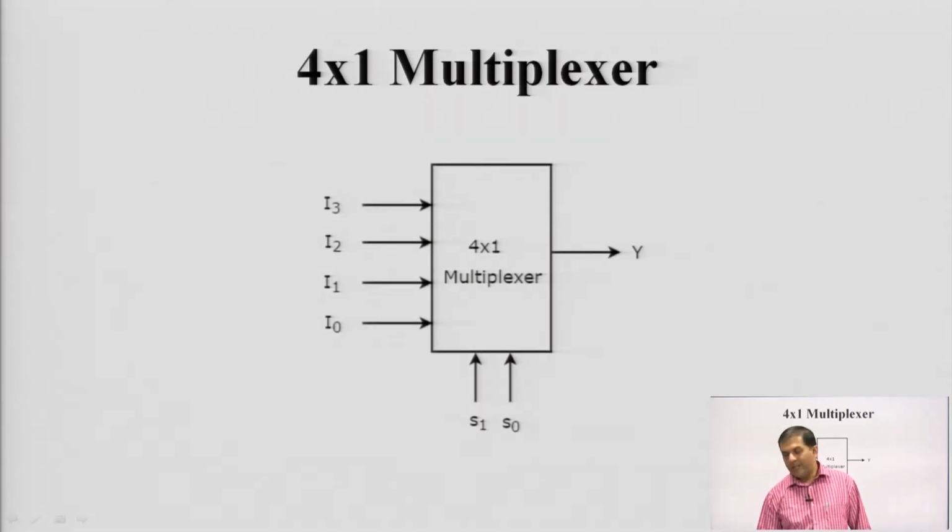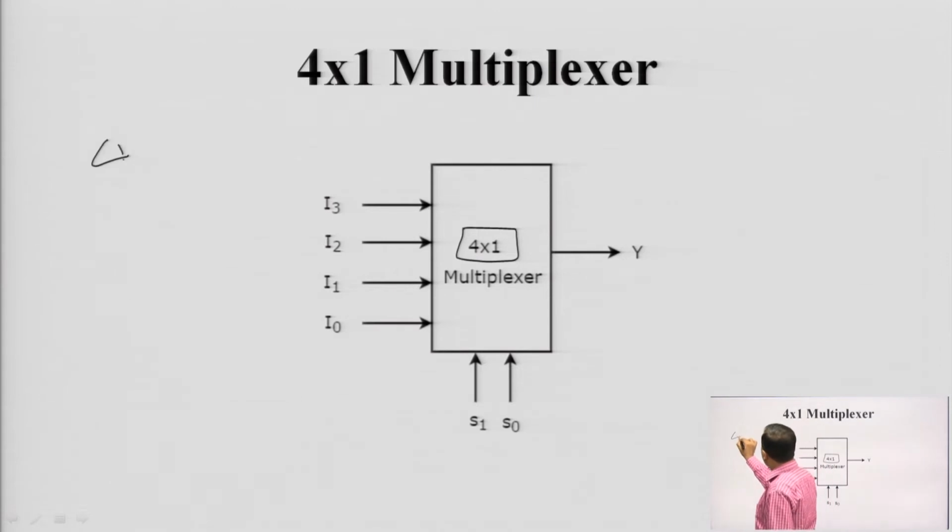Now we will discuss in detail the 4 cross 1 multiplexer. If we discuss any one variant, it will be easy for you to understand the concept. This is 4 cross 1, which means 4 input lines and 1 output.